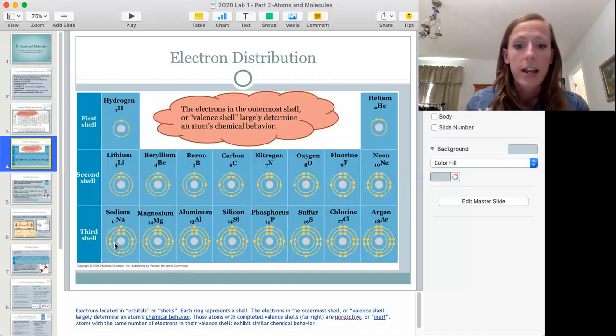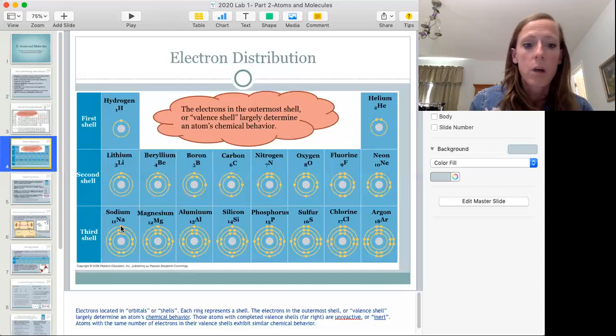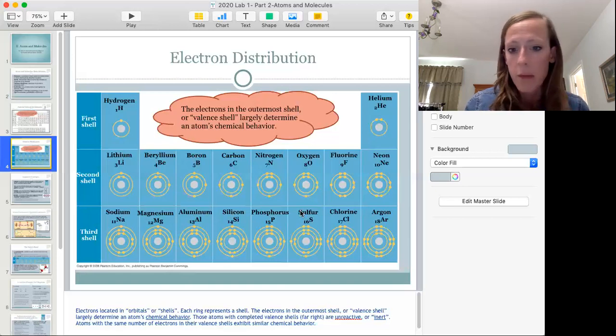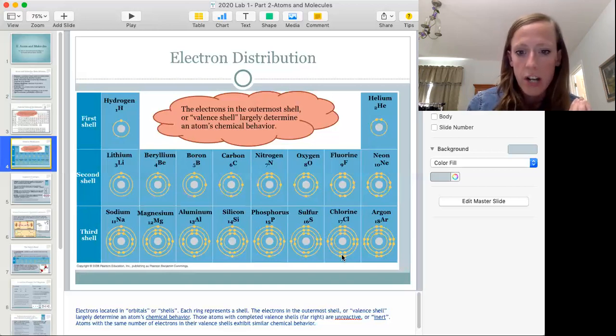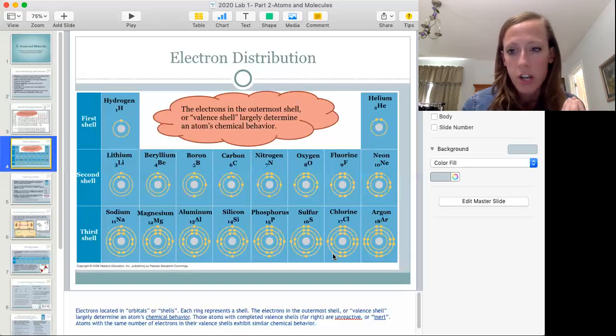And so you're probably familiar with, for instance, sodium chloride. Sodium chloride forms when this 1 lone electron in this third valence shell is taken away, basically stripped by chlorine, which wants to complete, it has a very strong electronegativity. It has a strong pull on that electron, and it wants to complete its valence shell.